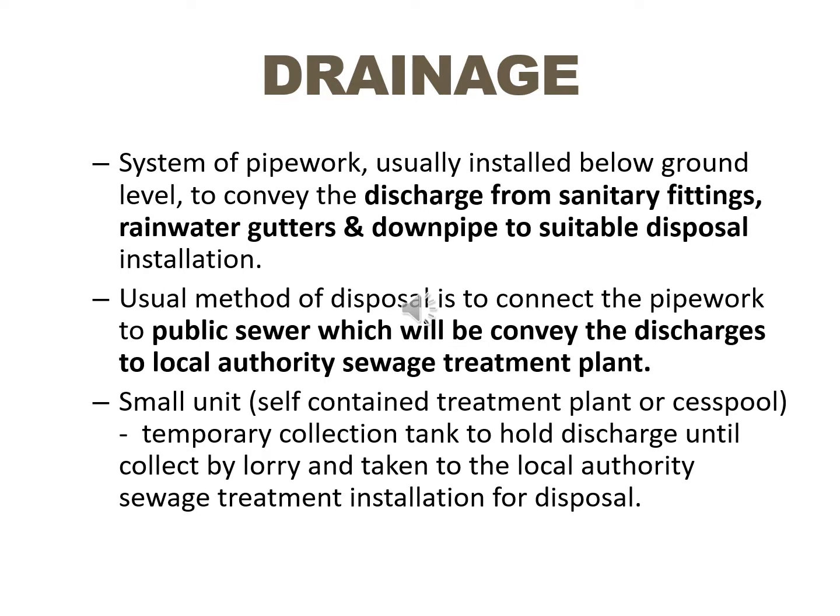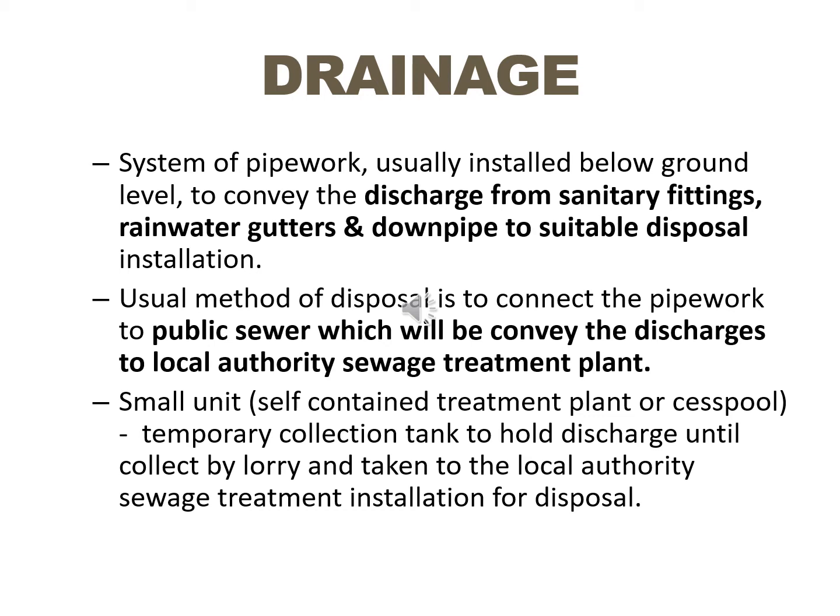Drainage. The system of pipework is usually installed below ground level to convey the discharge from sanitary fittings, rainwater gutters and downpipes to a suitable disposal installation. The usual method of disposal is to connect the pipework to a public sewer, which will convey the discharge to the local authority sewage treatment plant.